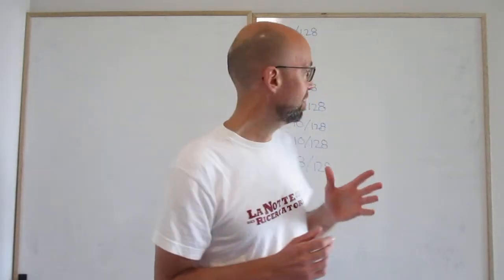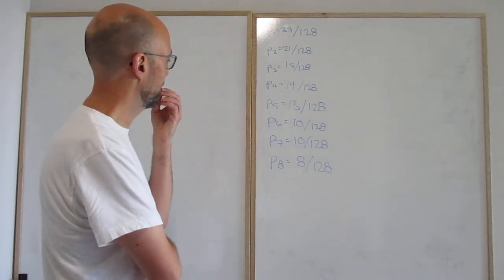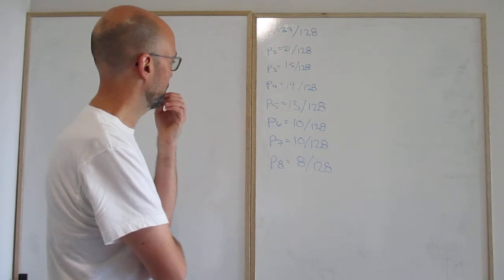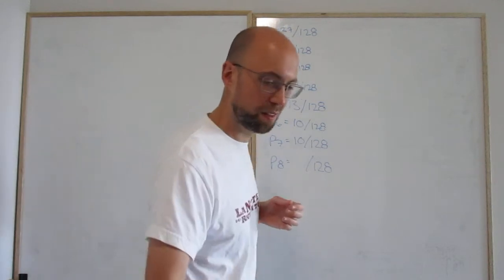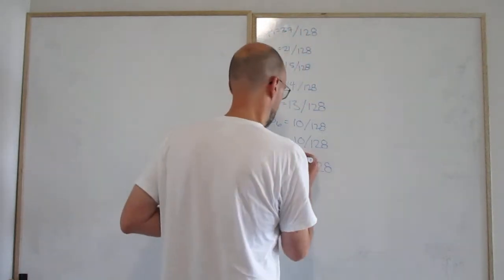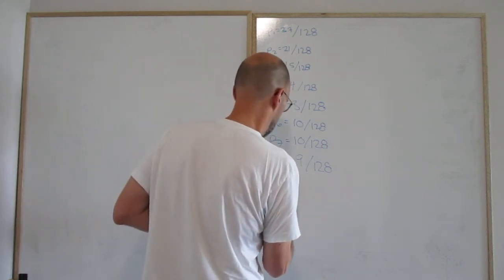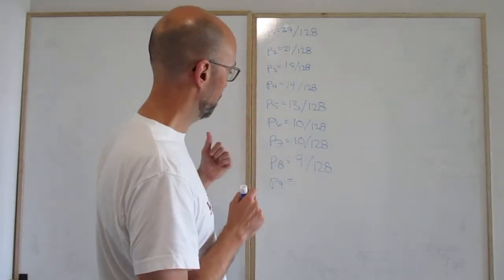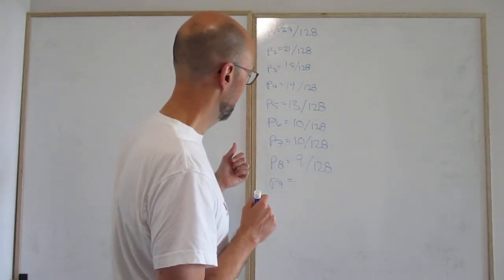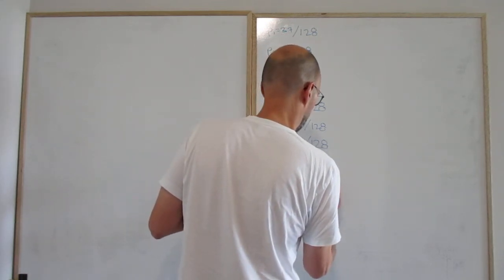Today, Huffman coding, 118, really drat. In that case, I'm just going to add, this is 9, so, okay, P9 equals, so I dropped it from 8 to 9, so it was 119, and then I'm going to have another 9 over 128.